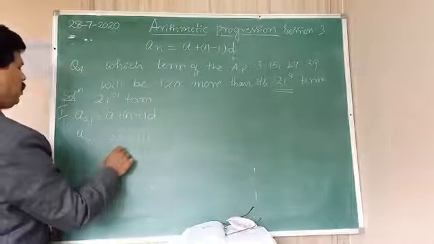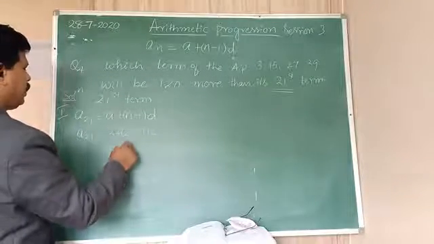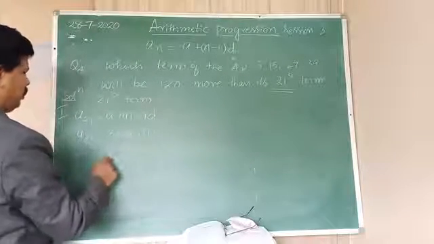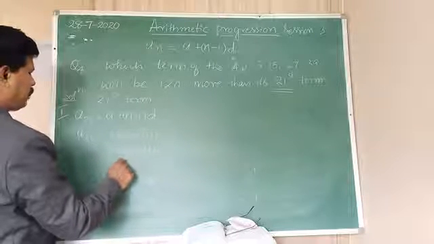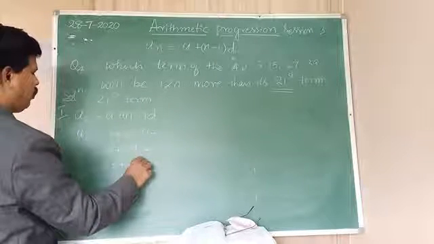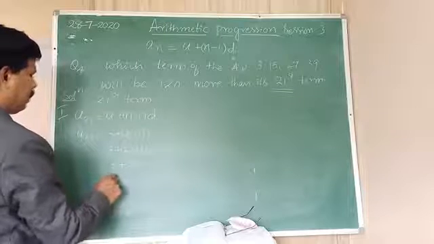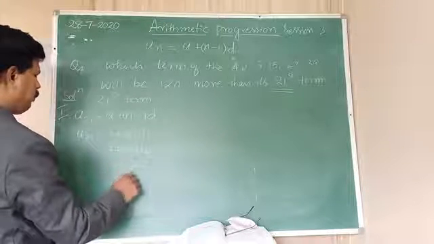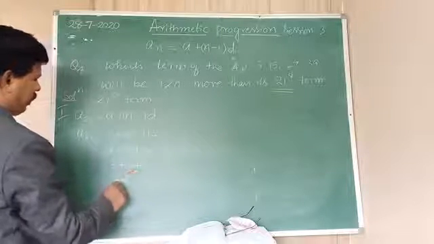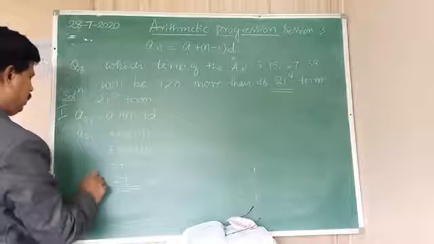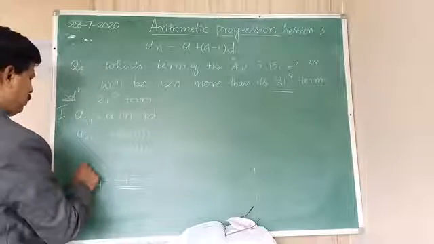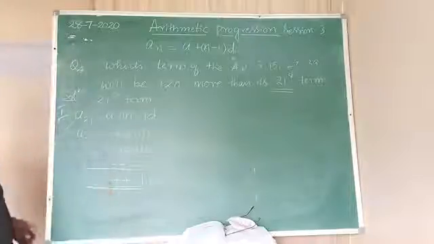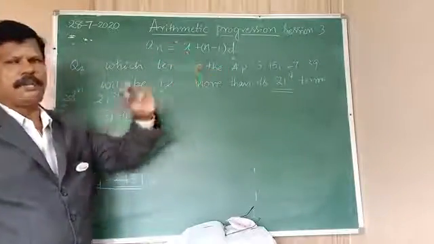That is 3 plus 20 into 12. So 12 twenties are 240, and then 240 plus 3, 243. This is the 21st term of this AP.